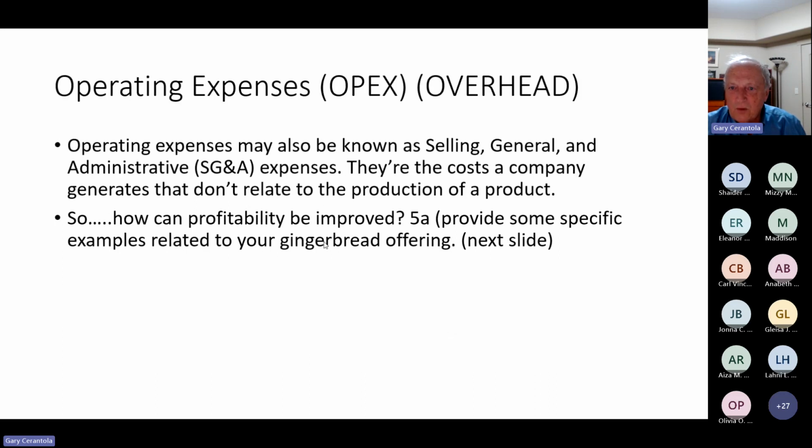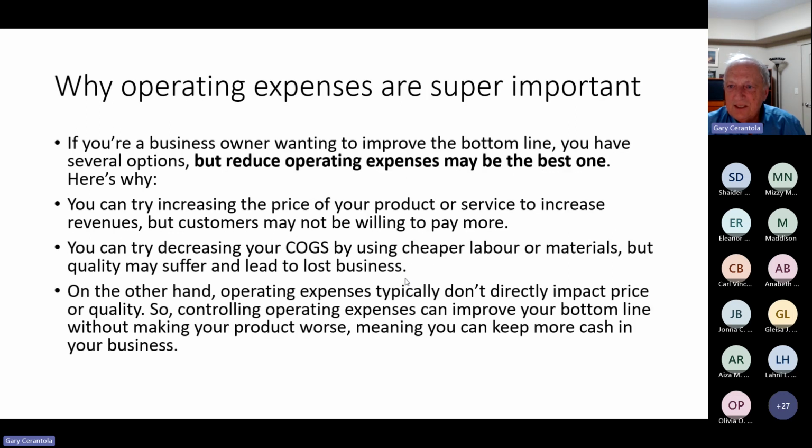Operating expenses is overhead. That tells you what it is and why it's super important. You've got to reduce operating expenses. Maybe the best one, in terms of what I just told you earlier: if you want to reduce your expenses, start looking at your overhead. When you try to decrease your cost of goods sold, maybe you're using cheaper labor. If you use cheaper labor, what happens?